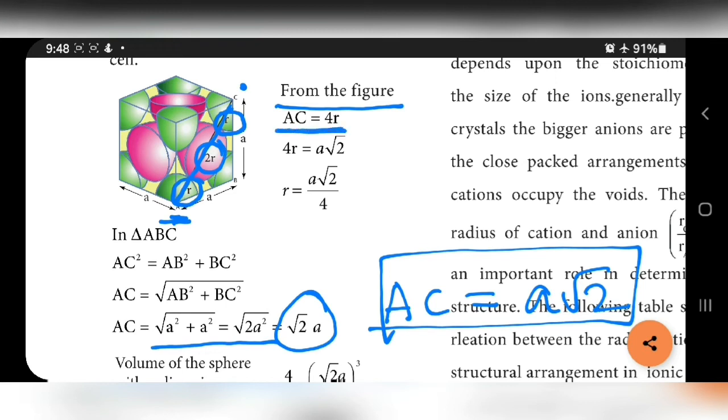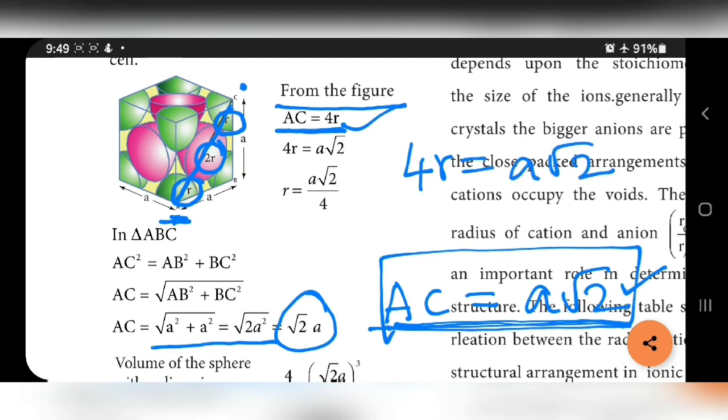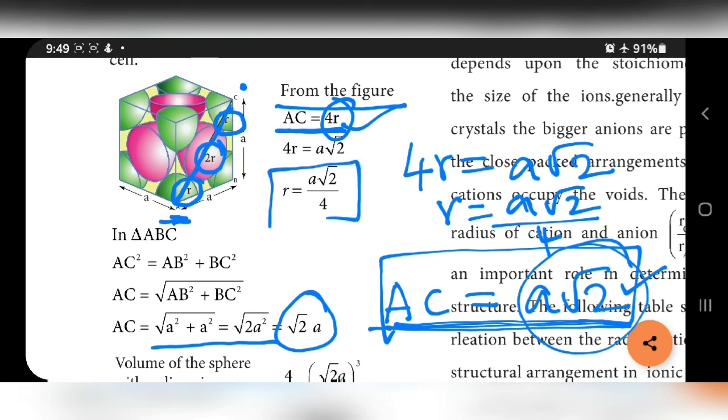AC is equal to 4r. Here we know AC is equal to a root 2. Comparing these two equations, the left hand sides are equal, so the right hand sides are also equal. So 4r is equal to a root 2. From this we can calculate the radius is equal to a root 2 by 4, as given here.